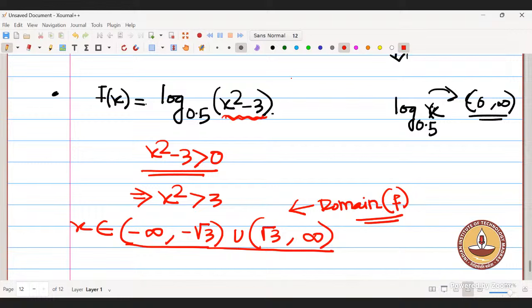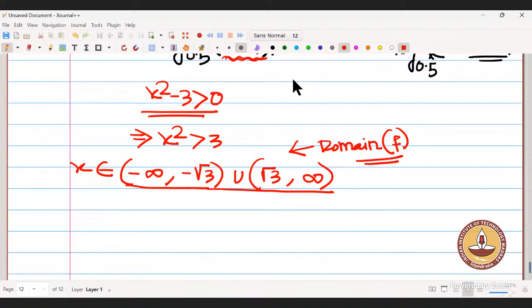No, sir. Okay. Sir, sometimes the base is also given as a variable. Then at that time, what should we do? Yes, so it depends on which question you are talking about. Take care of both.